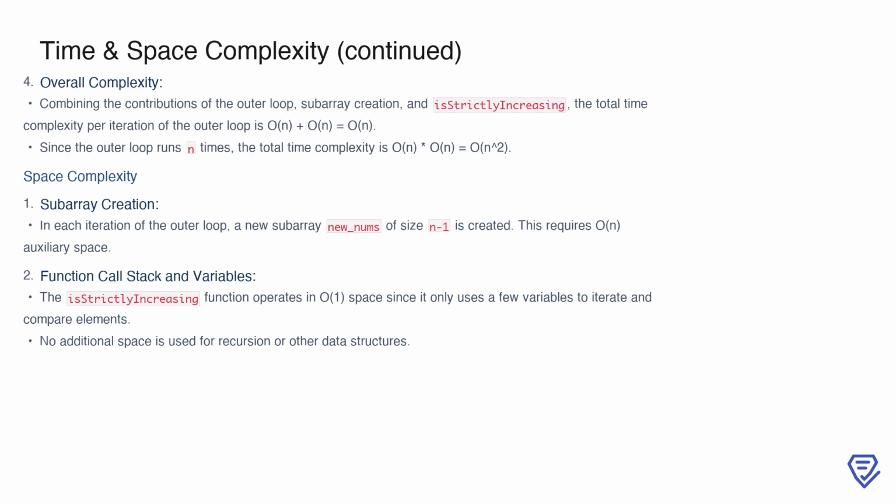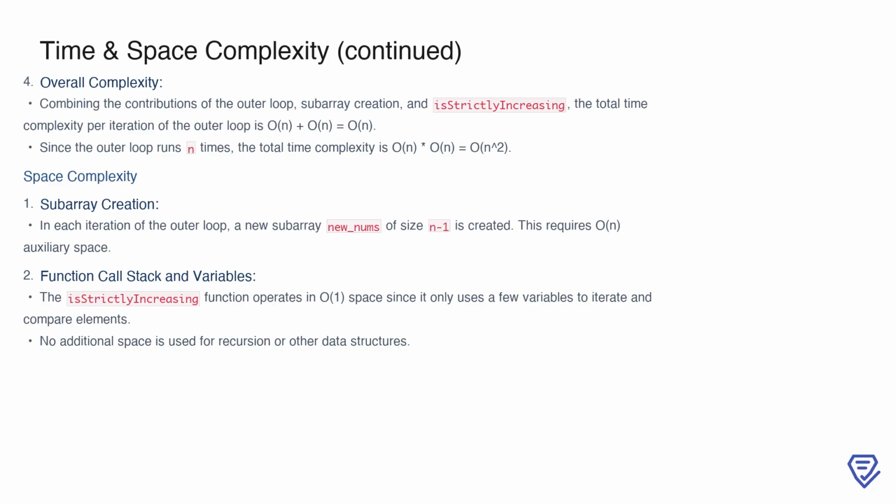Moving on to space complexity, let's examine the subarray creation process. In each iteration, we create a new subarray new_nums of size n-1, requiring O(n) auxiliary memory. The is_strictly_increasing function, on the other hand, operates with O(1) space since it uses only a small number of variables for comparisons and does not rely on recursion or additional data structures.